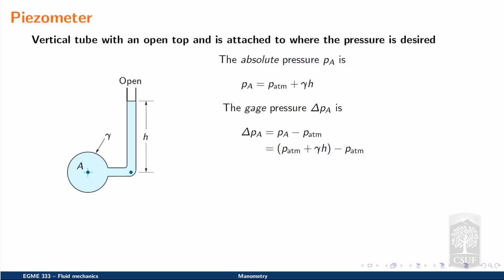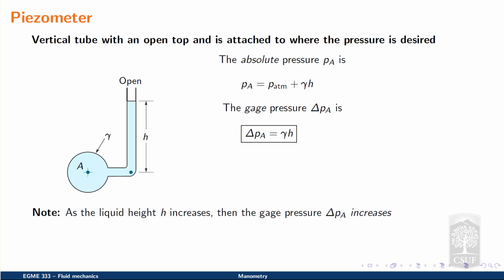By combining the two previous equations, we can determine that the gauge pressure at point A, delta P sub A, is simply equal to the product of the specific weight gamma times the depth h.